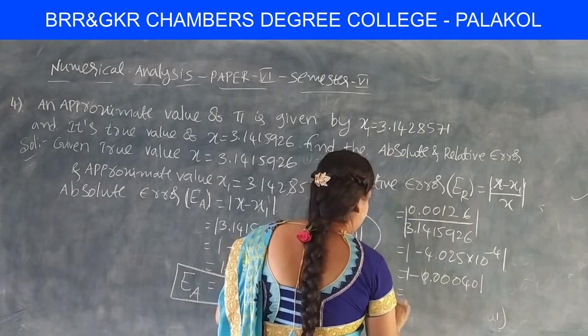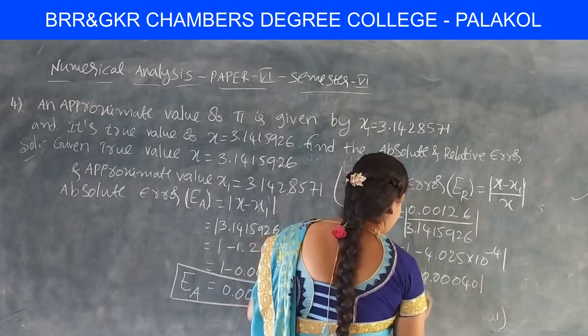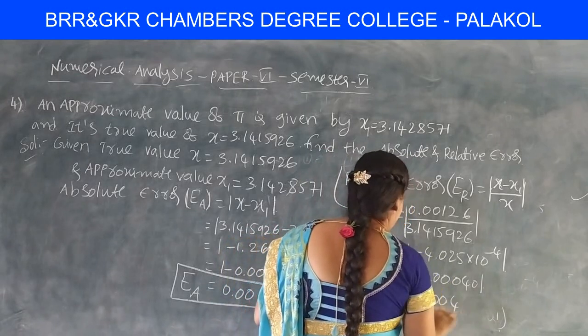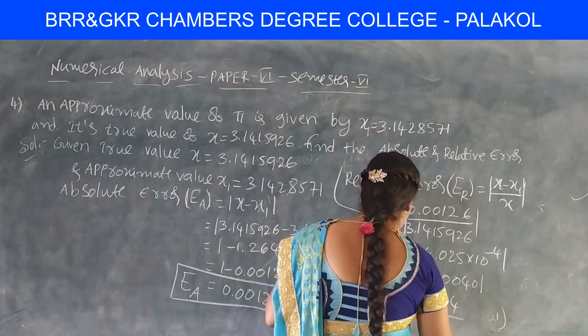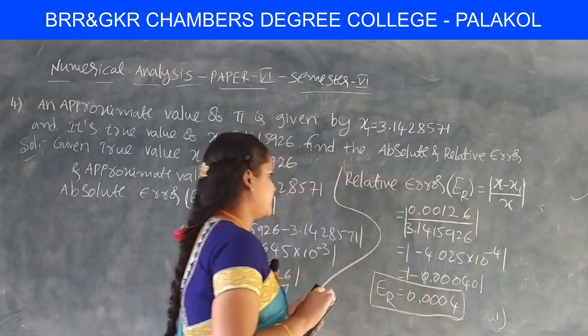ER is nothing but 0.0004. This is the value of relative error. This sum is also complete.